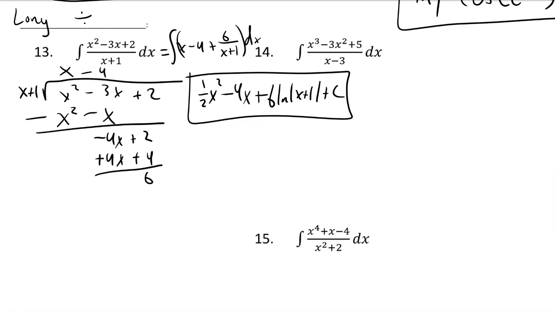And there you go. So I know long division sounds like it might be a pain, but you can see that by doing long division, I rewrote it in a way that I could quickly do the calculus part of it.